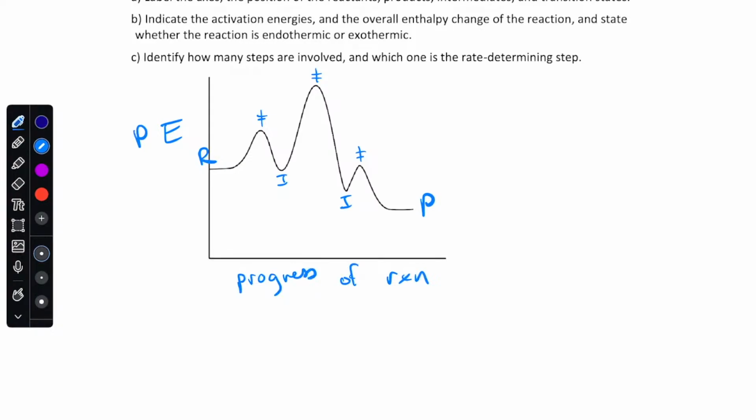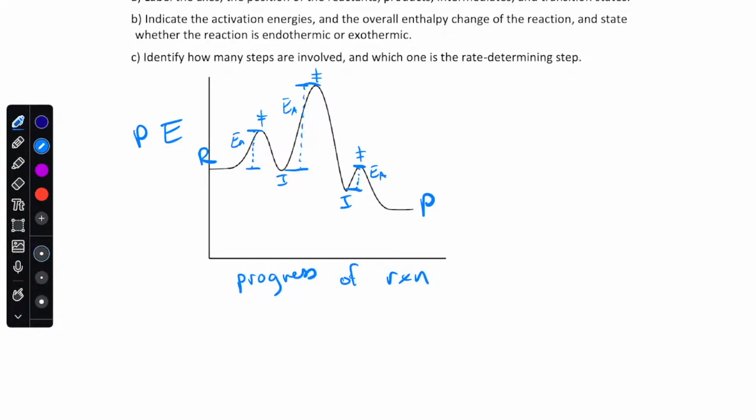B: Indicate the activation energies. For each step, there'll be an activation energy which goes from where you start to the top of the peak. Over here, there'll be another one, and this one will be over here. So that's an Ea, that's an Ea, and that's an Ea: three activation energies.